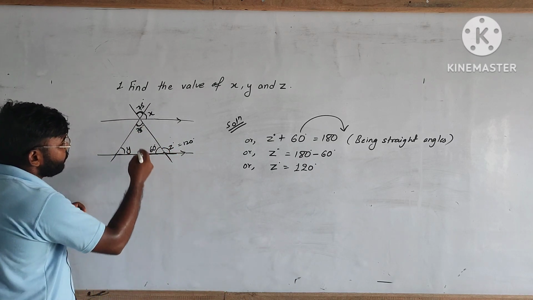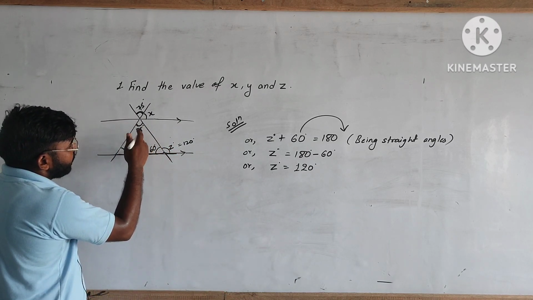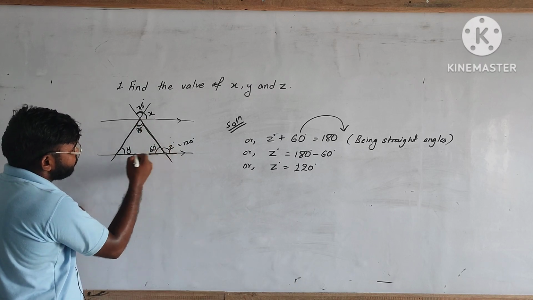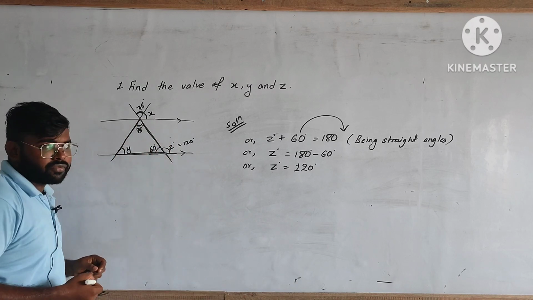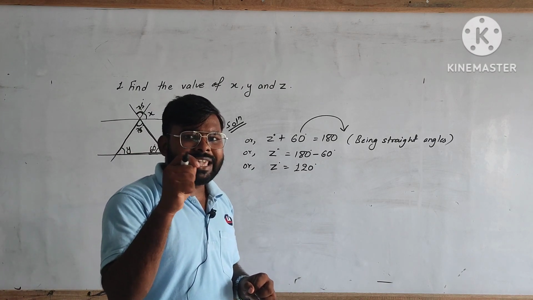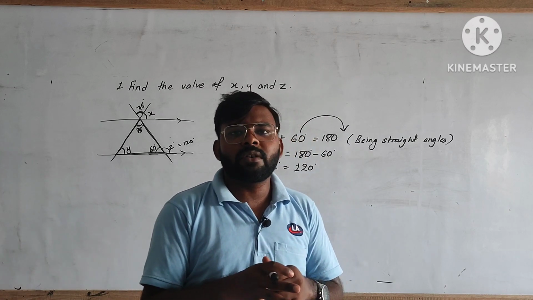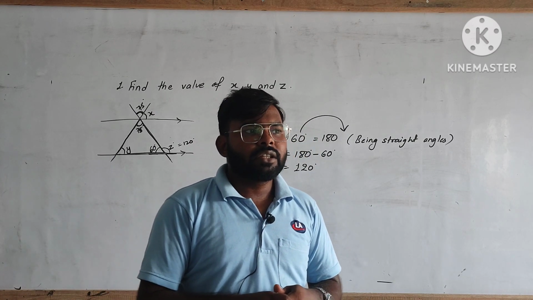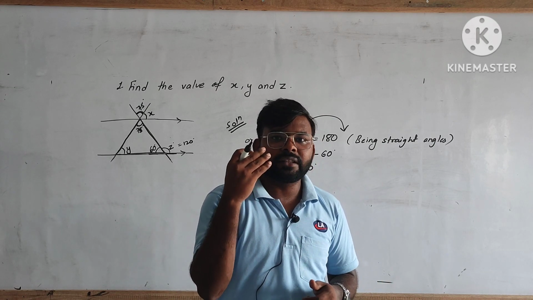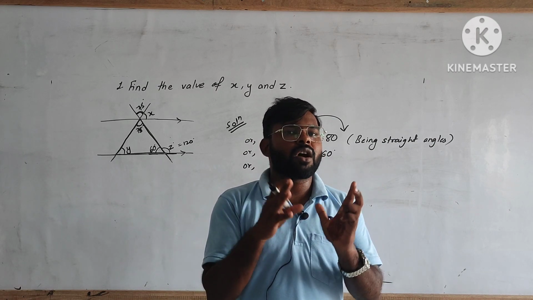Now if we look at these angles, it forms a triangle here. Let's take the triangle, and we also know that the sum of the angles of a triangle is always 180. If you add the three angles of a triangle, it will be 180.